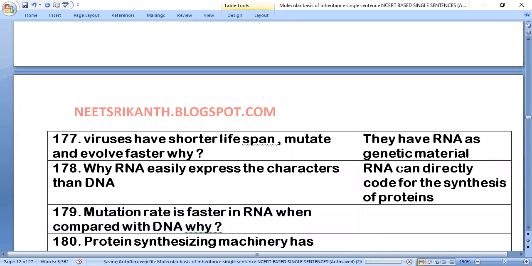The mutation rate is faster in RNA when compared with DNA. Why? RNA is unstable.